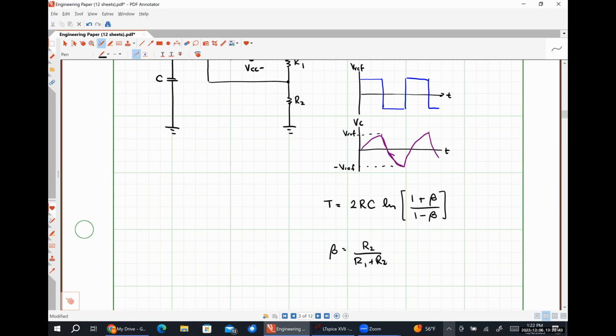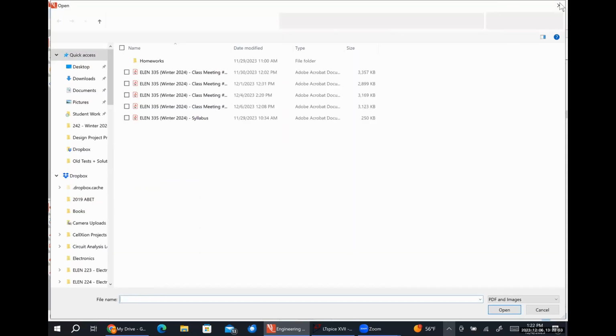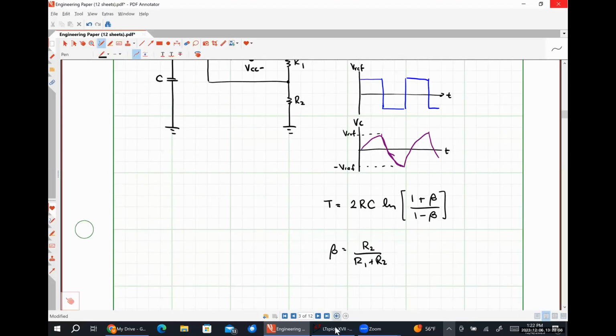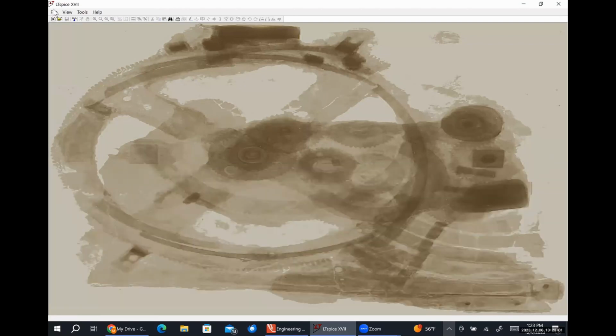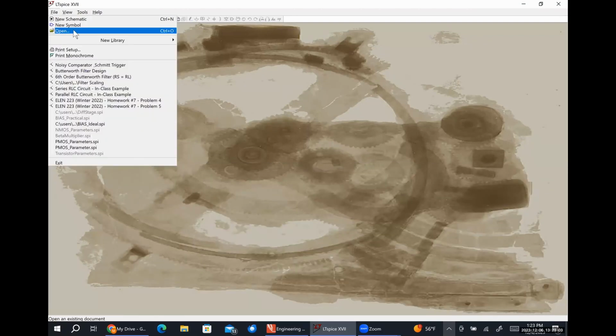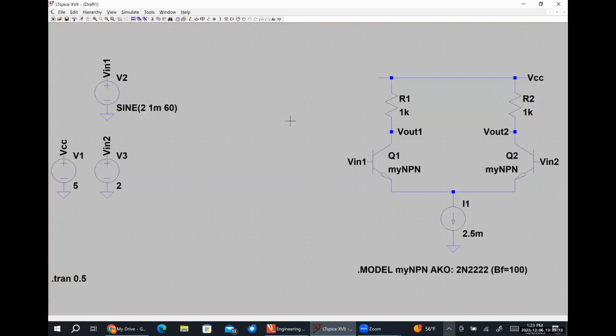All right, so let me see if I was smart enough to save my astable multivibrator circuit from a previous quarter, and if not, we might just, actually, I don't want to open it up in that file. We talked about our Schmitt triggers. Let me see what this is, but probably not what I want. Note that is very much a BJT differential pair.